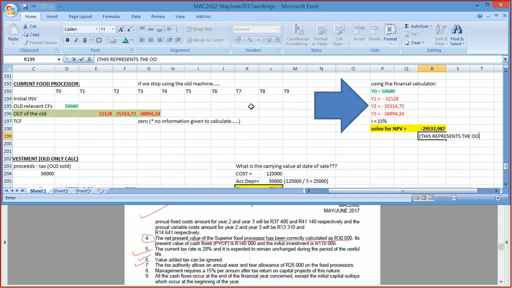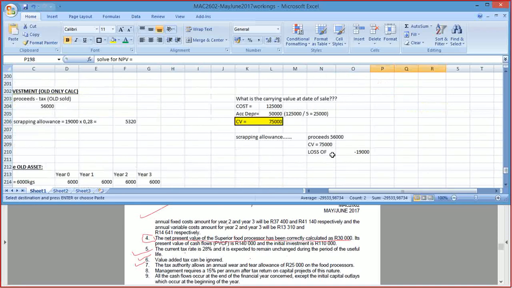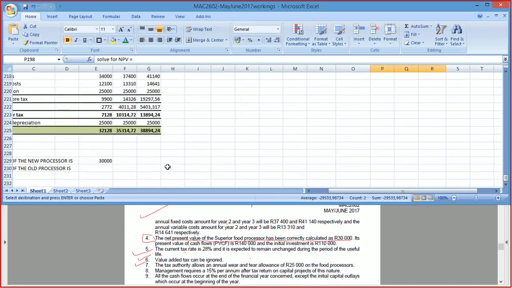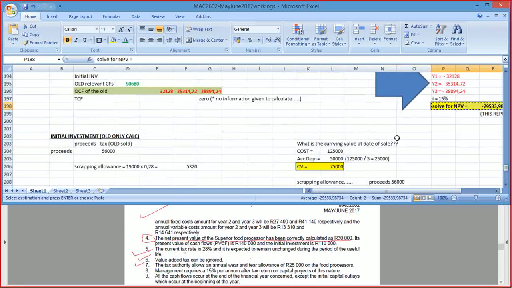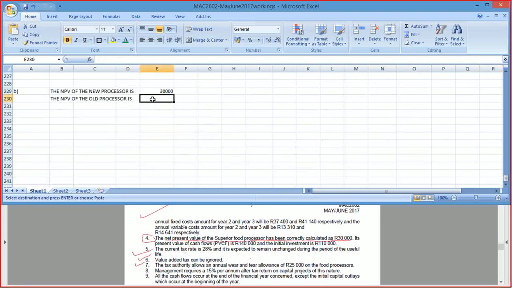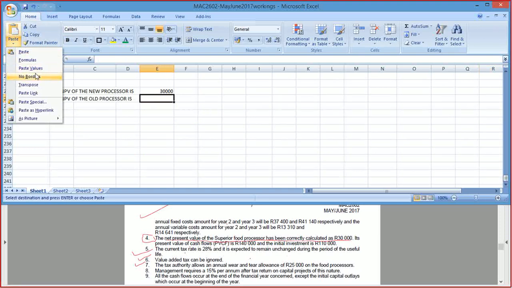Let me just put some theory here. This represents the opportunity cost of the old asset being replaced. Does that make sense? Yes. So now we've got that. Let's copy it and paste it here.